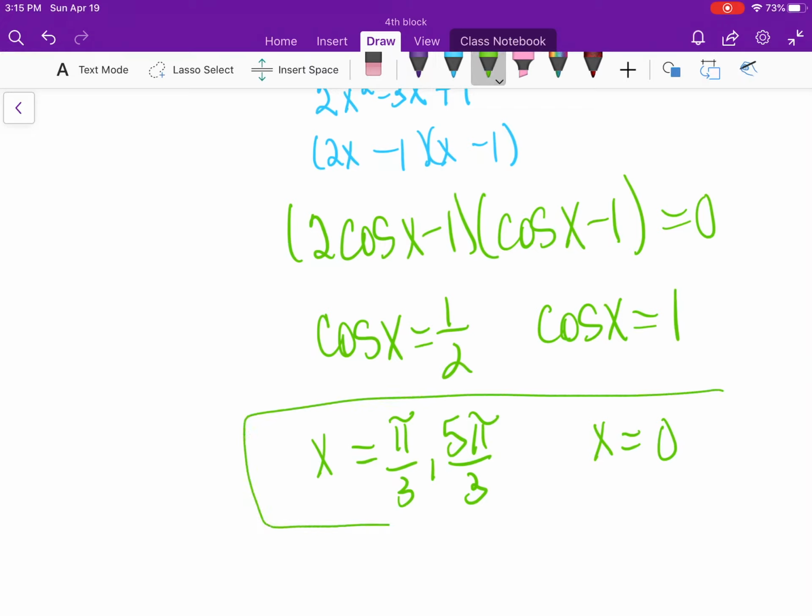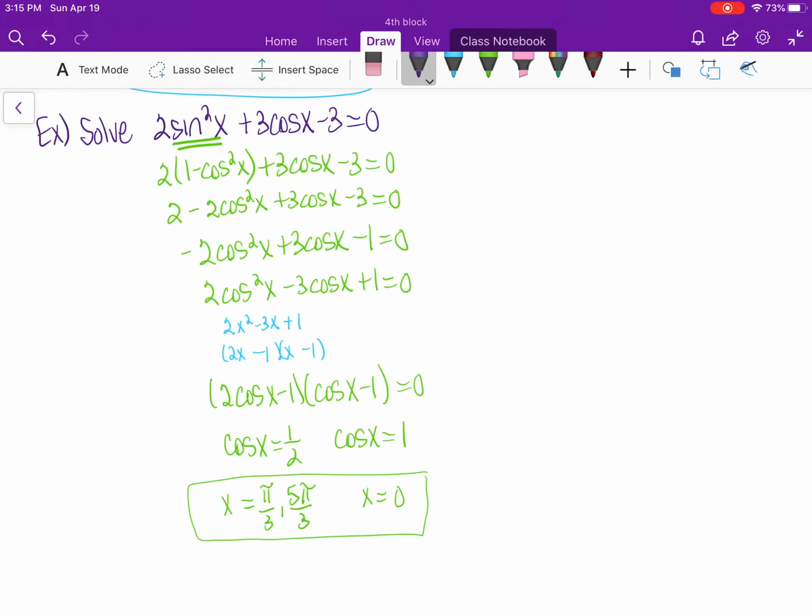Okay, so you should have pi over 3, 5 pi over 3, and 0. And yep, I forgot again to put this little n 0 to 2 pi part.